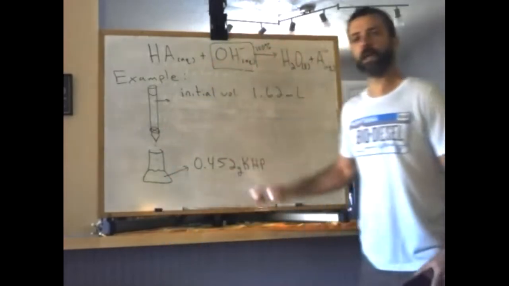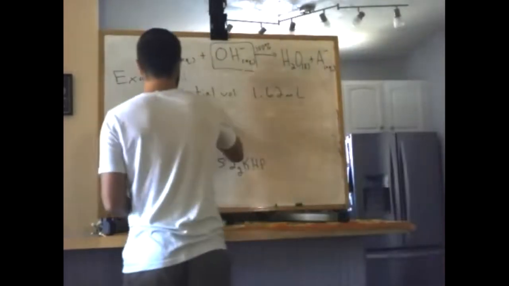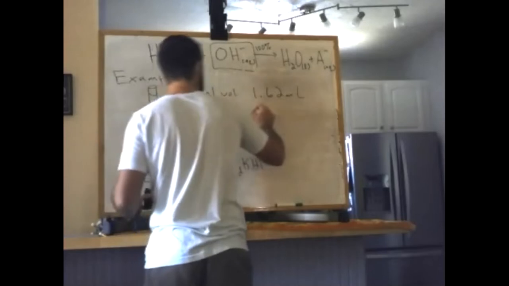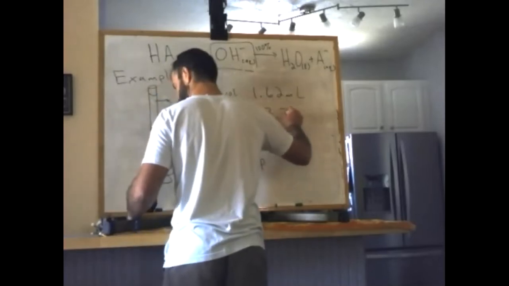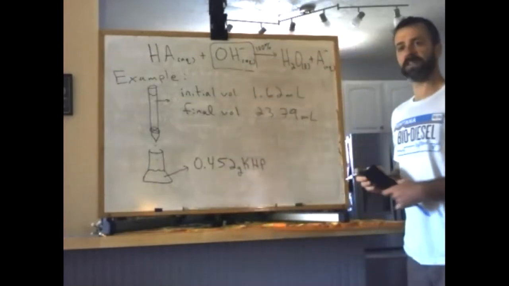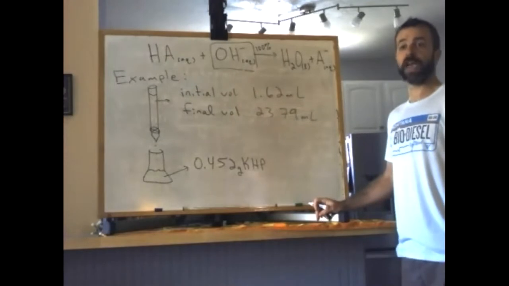We added the NaOH until we reached the end point, and let's say the final volume was 23.79 milliliters. From this data, we should be able to calculate the concentration of NaOH.